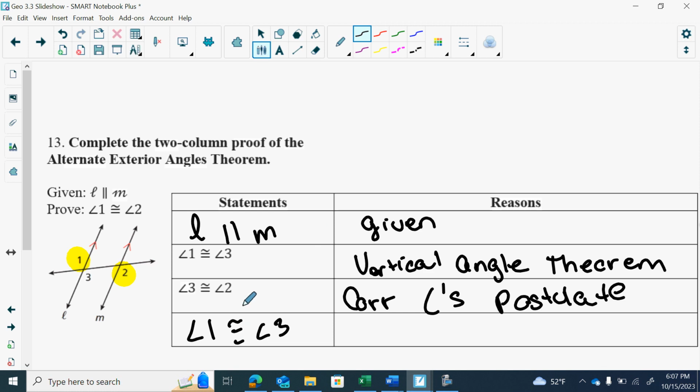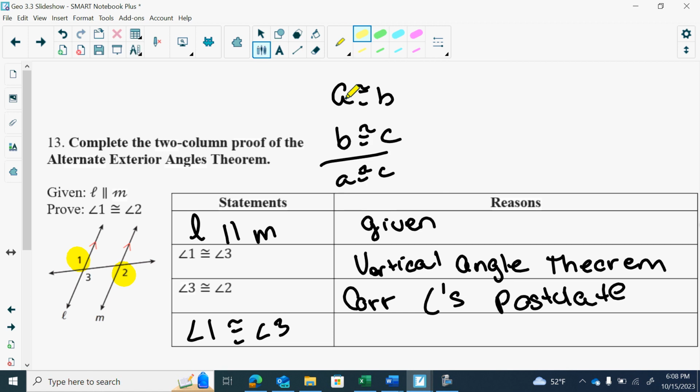Now, how do we know that angle 1 is congruent to angle 2? Well, we can use the transitive property of congruence, which states that if A is congruent to B, and B is congruent to C, then A is congruent to C. Let's see if we have that here.